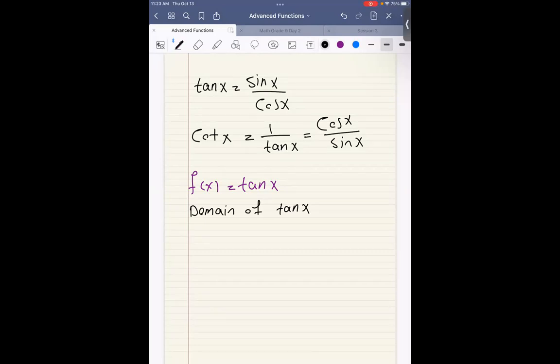So tell me, what is the domain? Can you guess? At what point is cosine 0? 90 degrees.